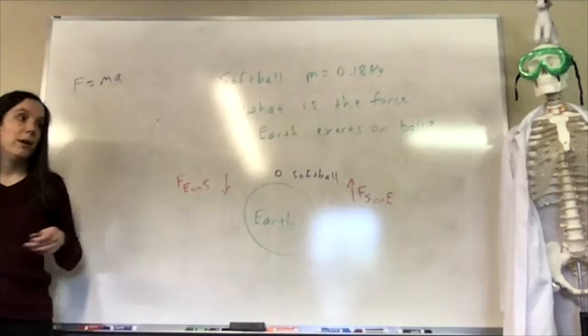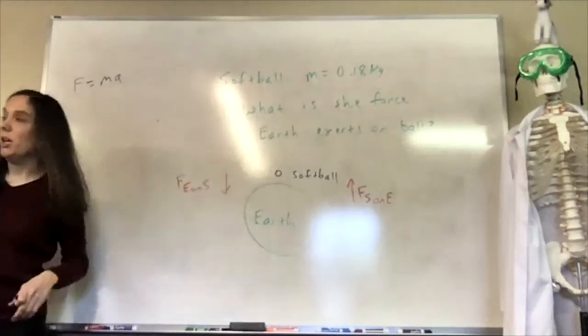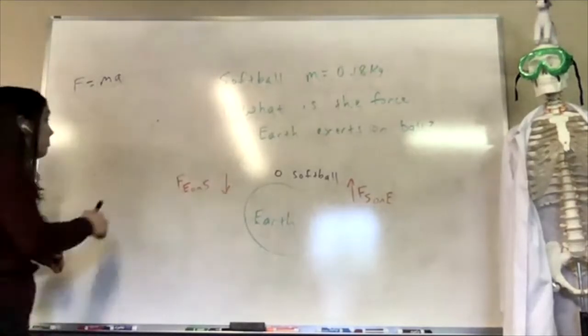So we're going to use that. If we're asking about the force of the Earth on objects, that's gravity. We always use 9.8 for acceleration for gravity or for weight.